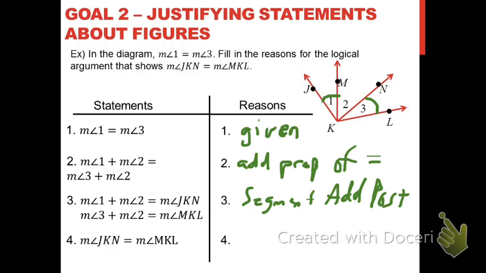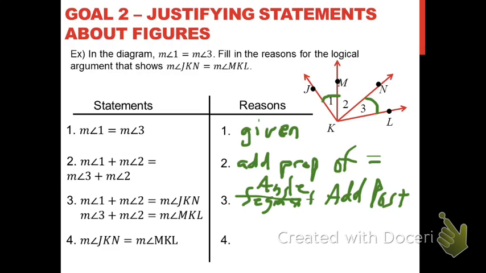Using the angle addition postulate, you can say that when you put these two angles together, it equals this larger angle, and that when you put angles 3 and 2 together, it gives you this larger angle, MKL.